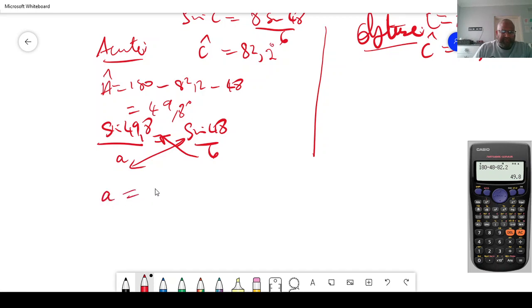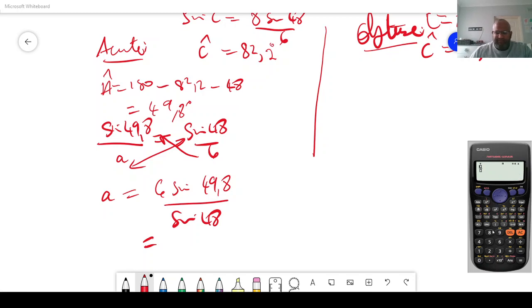So a is equal to 6 sine 49.8 over sine 48. Let's put that in the calculator: 6 sine 49.8, close bracket, over sine 48, close bracket, gives us 6.2 centimeters.